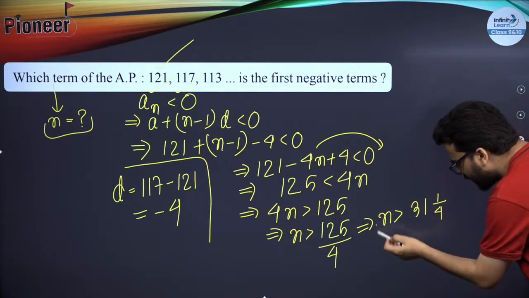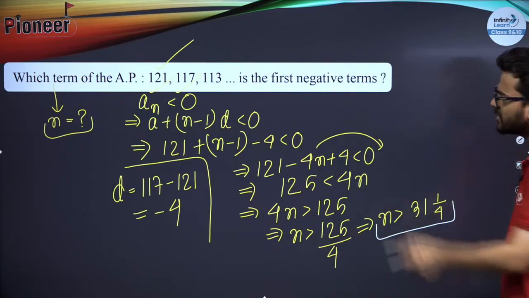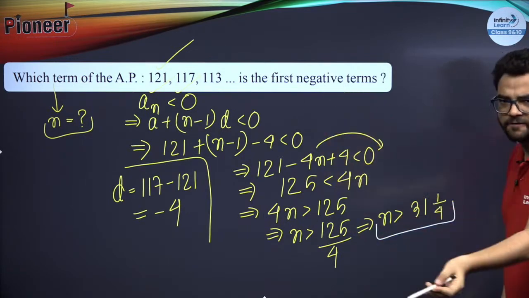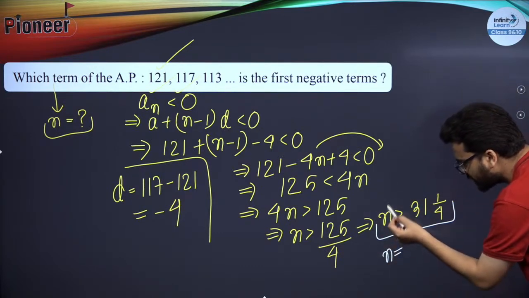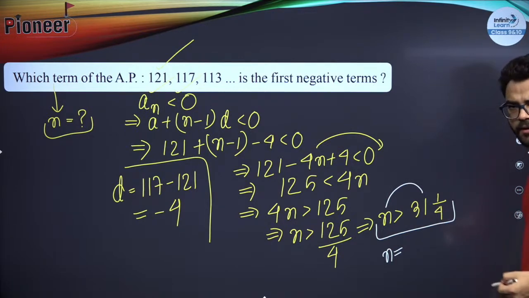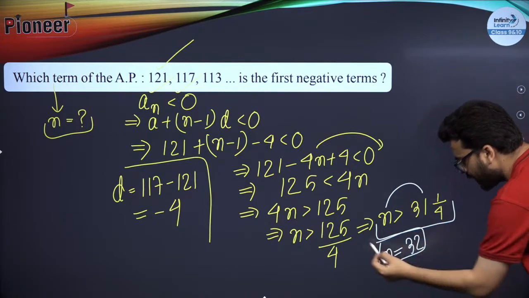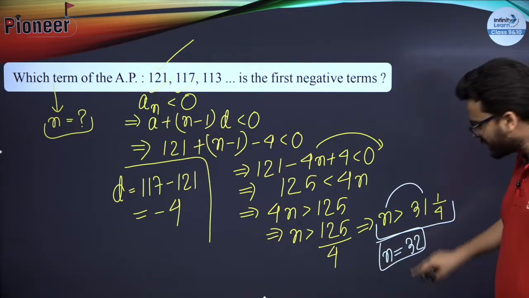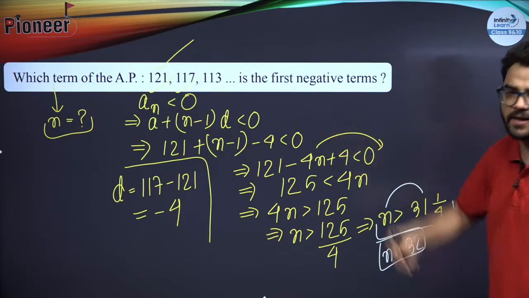So just after this, which natural number are you getting, tell me? Because in the question it is the first negative term. So just after this, the first natural number, because n is greater than 31 and 1 by 4, that will be 32 or not? Tell me, guys. That will be 32 or not? So I will say that the 32nd term of this AP is the first negative term.